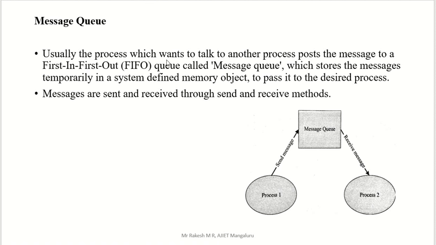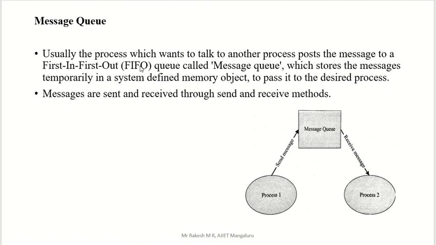Usually the process which wants to talk to another process posts the message to a first in first out, FIFO, queue called a message queue. Which algorithm are we using?